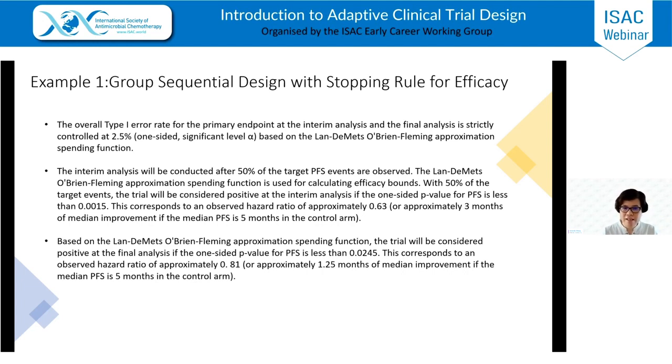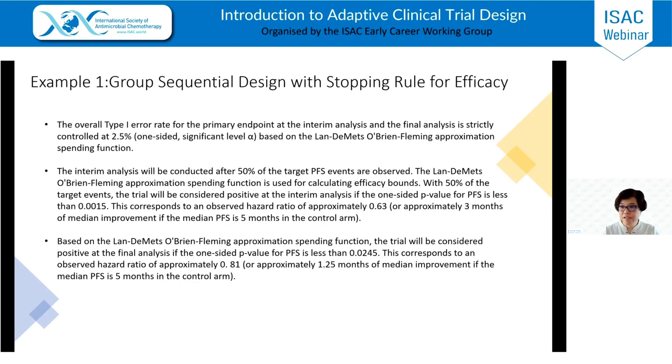What they have to emphasize is that in the interim analysis, the significance level for the test is 0.0015. They know their drug is working, and they put this very small alpha level for the interim analysis.